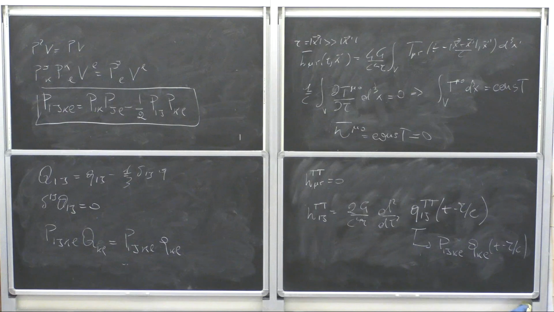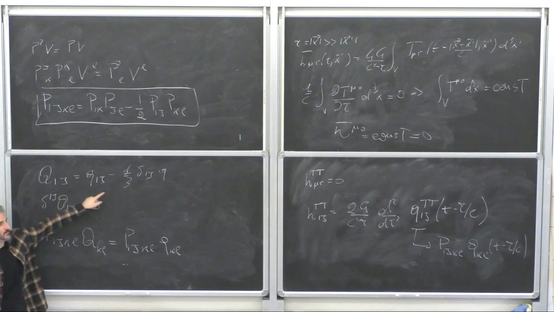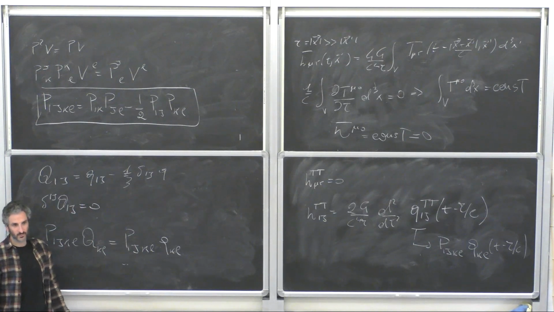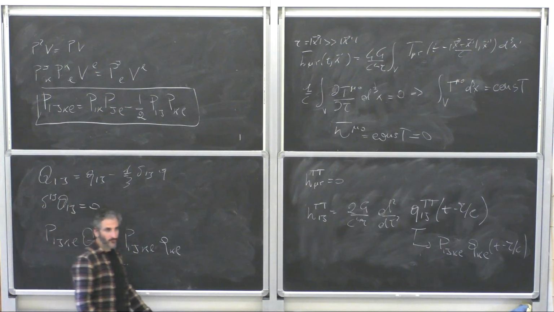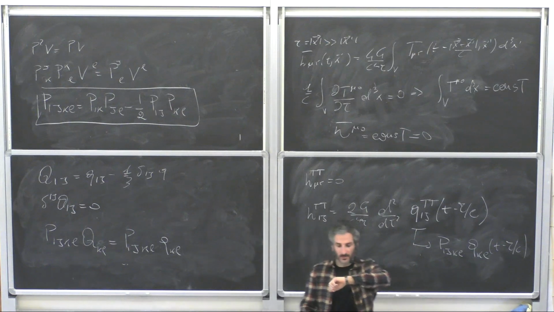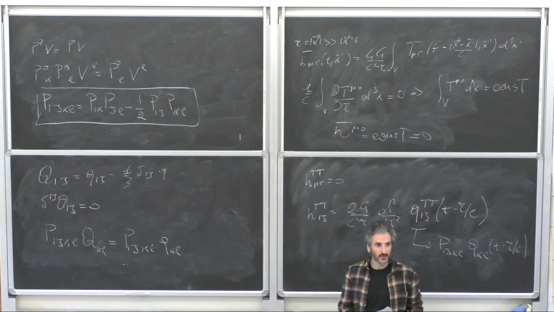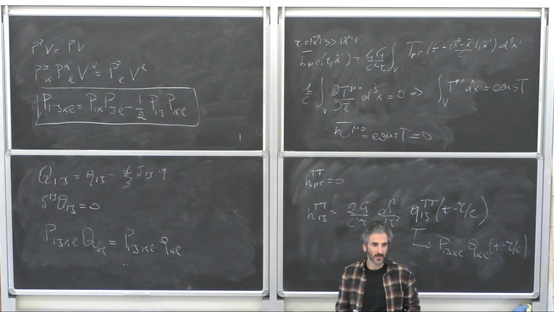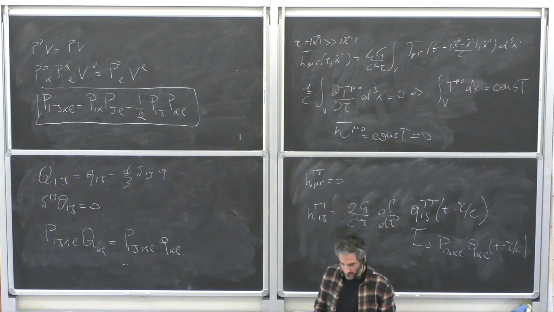You can do it by hand, but intuitively, since this is removing the trace from your tensor, and this is defined as this minus its trace, then the projector will be the same. Okay, I think that I will do 5 minutes of break, and then we're going to do the specific case of binary motion. Any question on this?